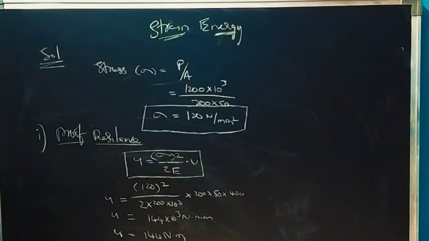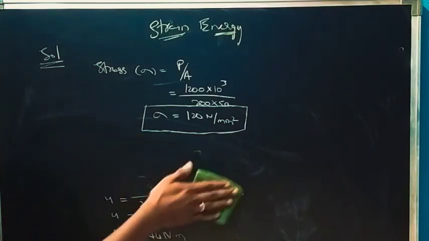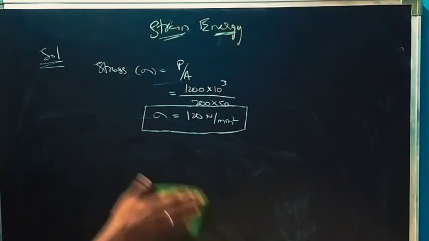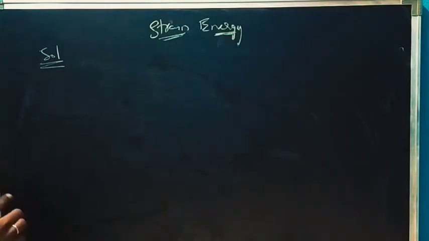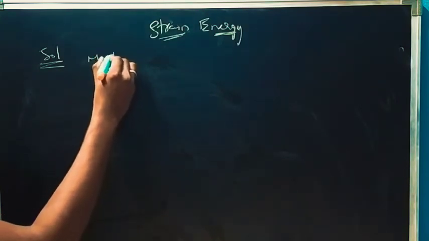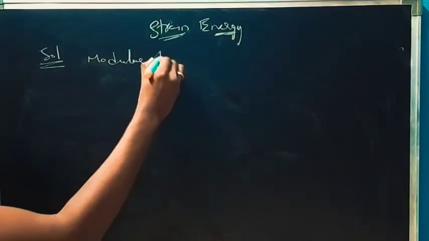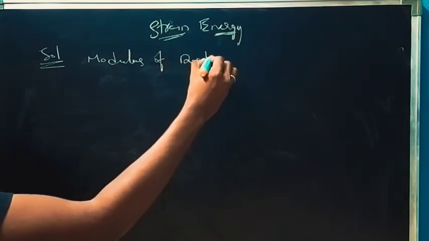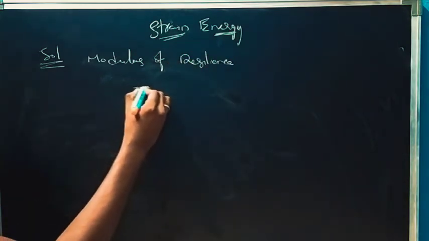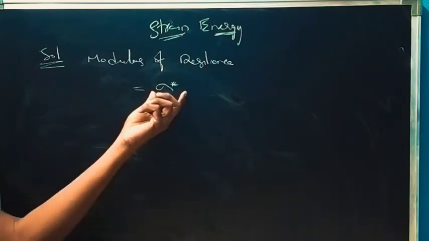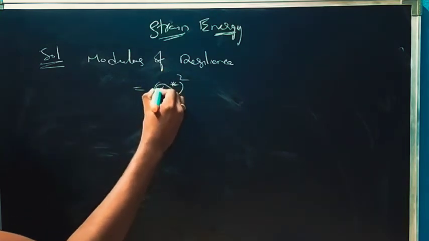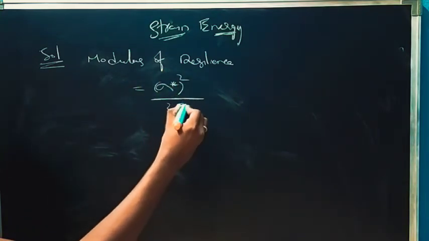the modulus of resilience. Modulus of resilience, the expression is given by sigma star square upon 2E.